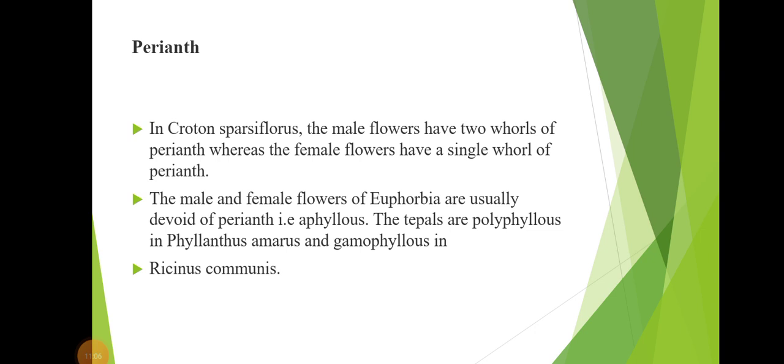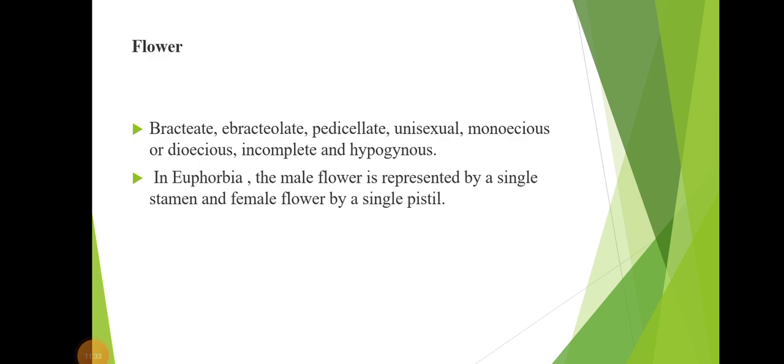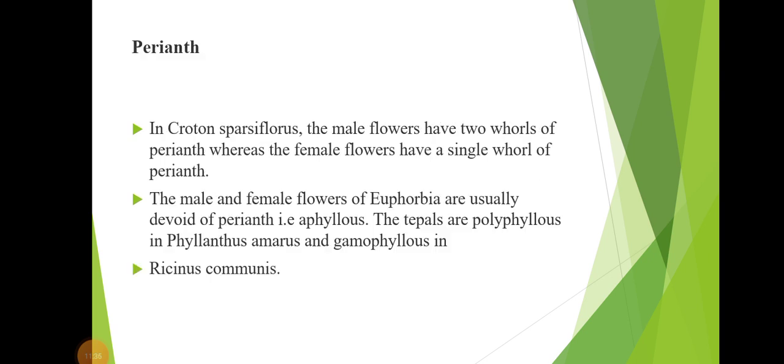The male and female flowers of Euphorbia are usually devoid of perianth, that is, aphyllous. The tepals are polyphyllous in Phyllanthus amarus and gamophyllous in Ricinus communis. This is the perianth of the Euphorbiaceae family.